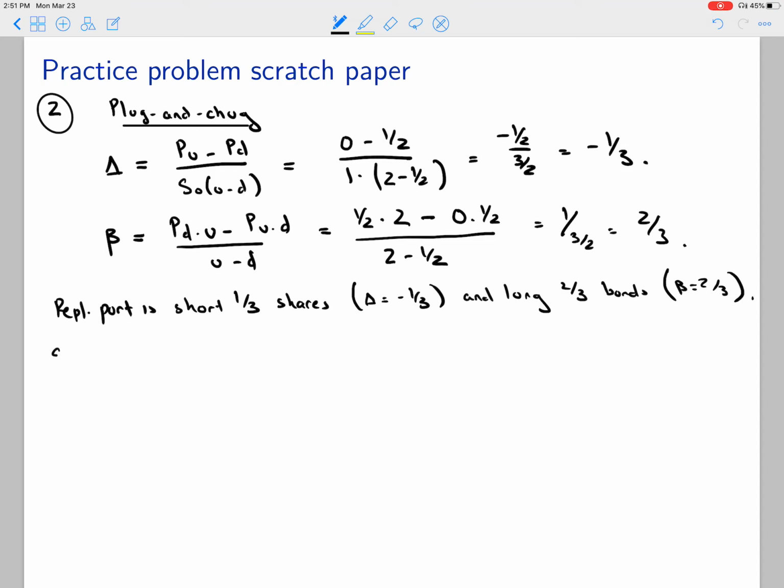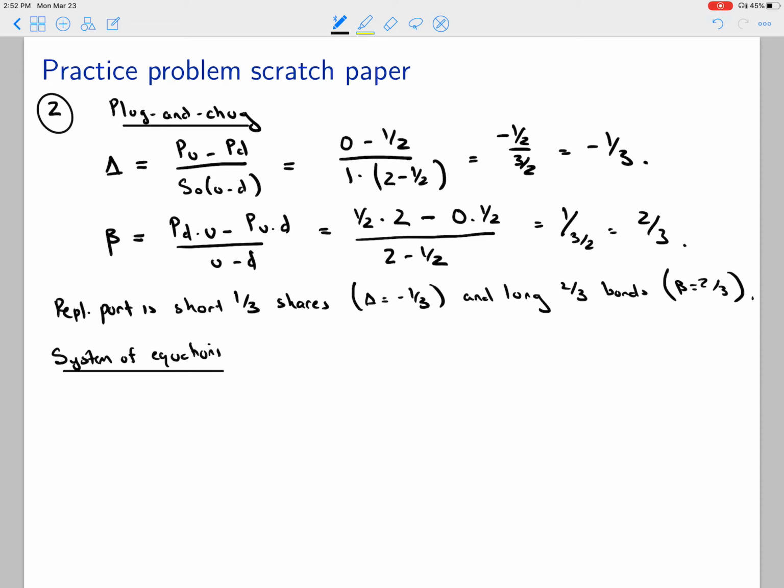The other method you could use is the system of equations method. This one is where we don't want to memorize any formulas. We just want to use the underlying principles of pricing by replication and then back out delta and beta from this. So what you need to do for the system of equations approach is write down your two equations and two unknowns.